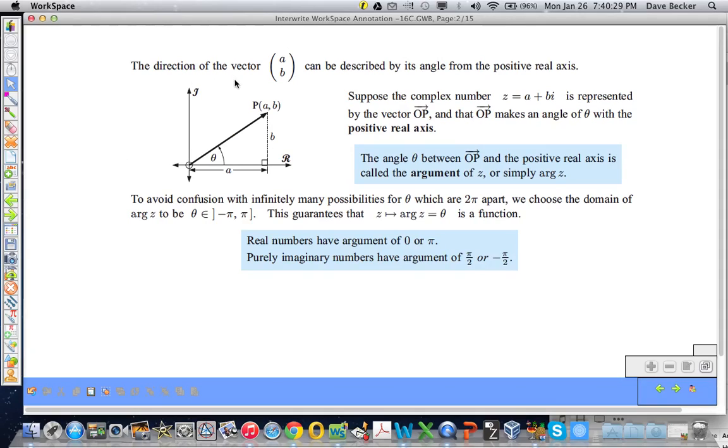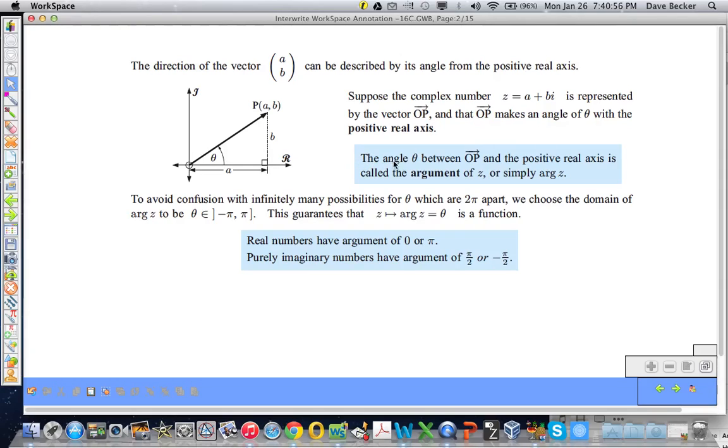We know that the direction of the vector AB, if I go over A and up B, can be described by its angle from the positive real axis. So if we have the complex number A plus Bi, and we represent it with the vector OP, that vector OP makes an angle of theta with the positive real axis.